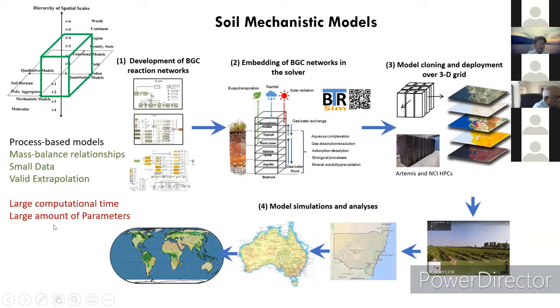The downside is that it has a large computational time. Running one full simulation at a pixel probably takes a few minutes. But if you want to run it for the whole country, that is thousands or maybe millions of pixels, then the timing gets very high. That's why we need a high performance computer to run it in parallel.